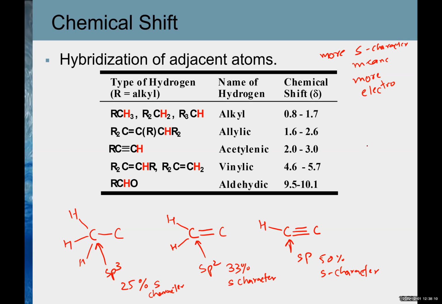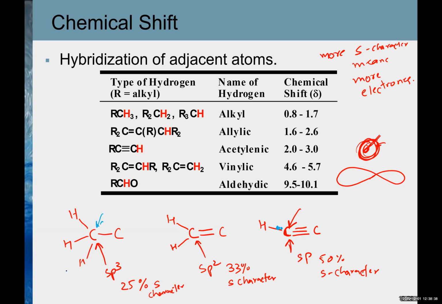Because the s orbital is spherical, p is elongated, so s holds the electron closer towards it, so more electronegativity. In other words, the sp carbon will pull the electron towards itself maximally, and the sp3 will not.